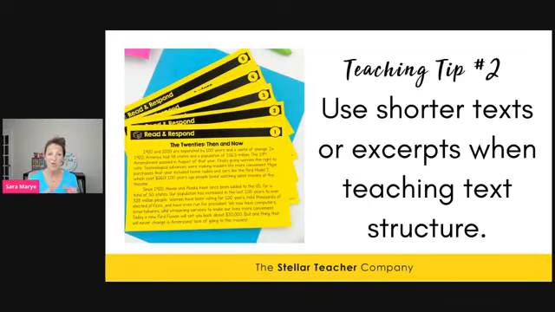So if you can find shorter texts to use, or even write some yourself, but like I said, a lot of times, even if you have a longer text, if it's a full page, pull out the excerpt that does the best job of identifying the text structure and just use that when you're introducing or even practicing. Students don't have to read an entire page or 8 pages to be able to identify what the text structure is.